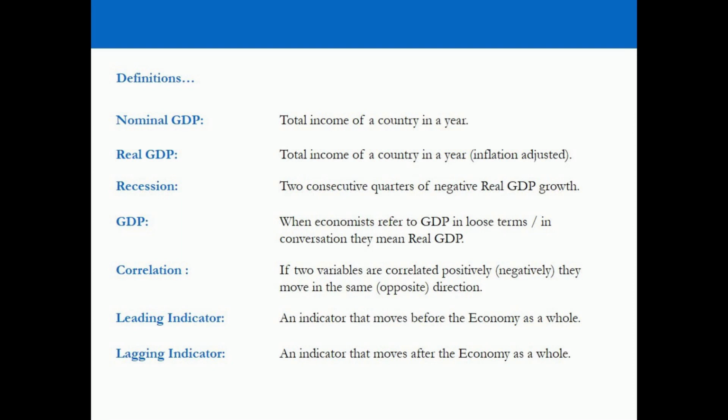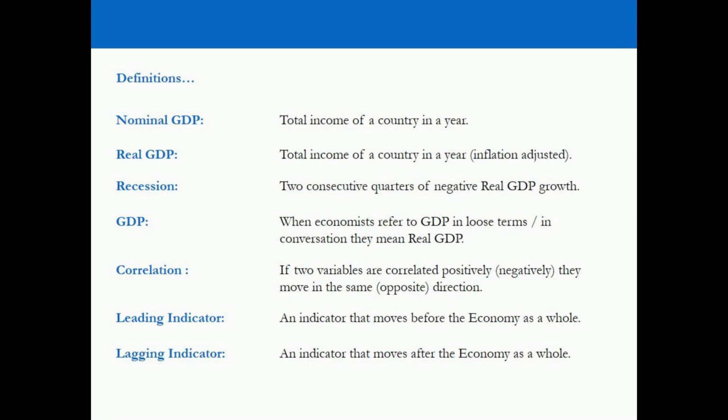Nominal GDP, total income of a country for a given year. Real GDP, adjusted for inflation, adjusted for prices. Recession, 2 consecutive quarters of negative real GDP. When you see a guy on TV, an economist, talking about GDP, they mean real GDP. So they use the term loosely GDP, but what it means is real GDP.